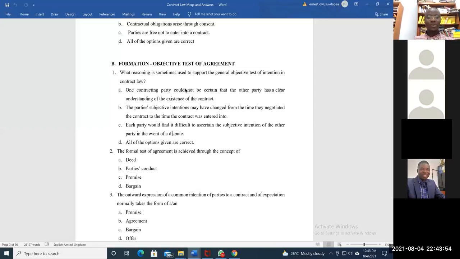Let me take those who opted for B, and then I will comment on it, and then we'll settle on the right answer. Can the B people put up their hand and explain the answer? Anybody who thinks that B is the correct answer? Any hand up?